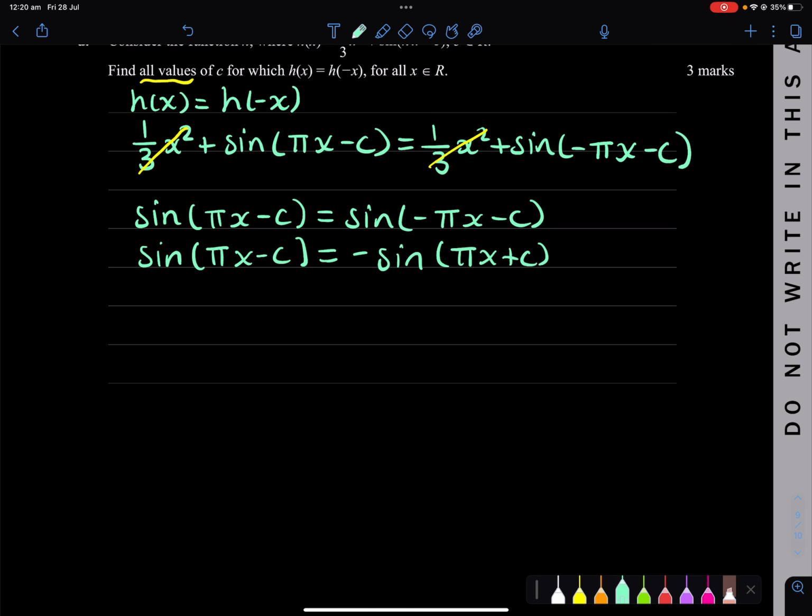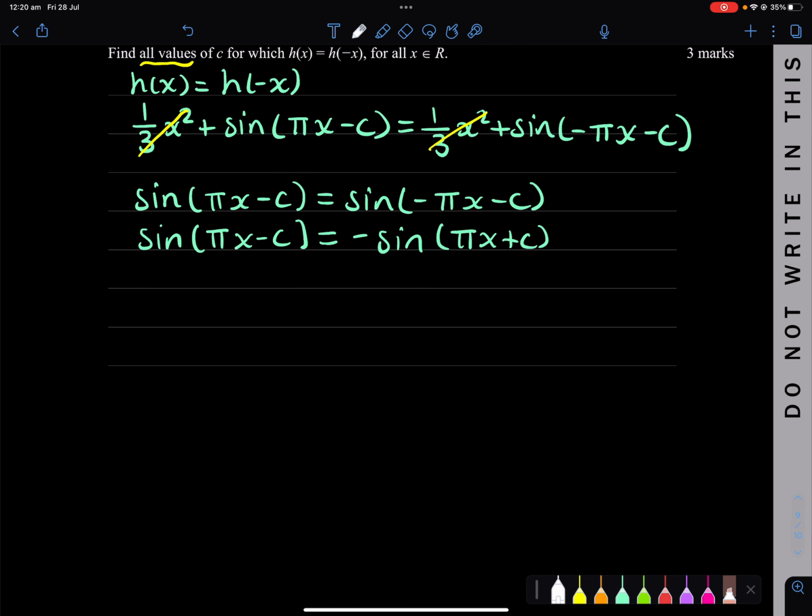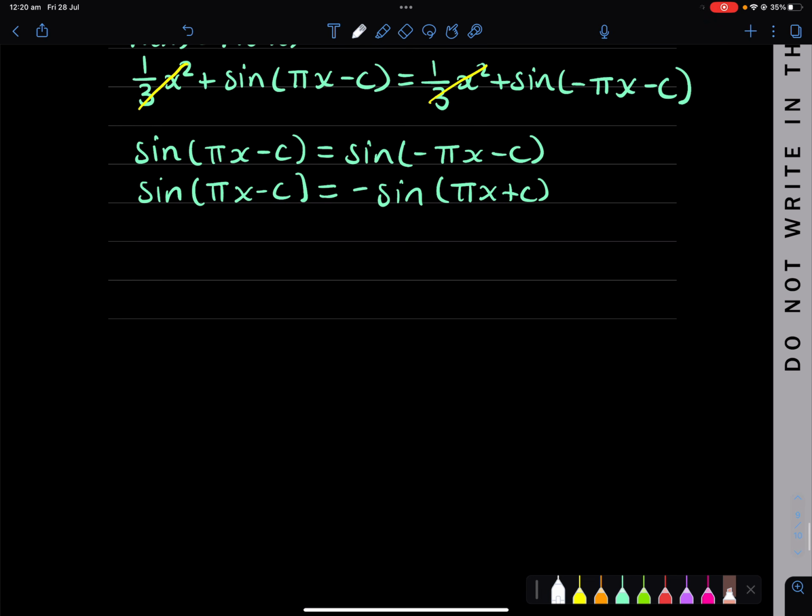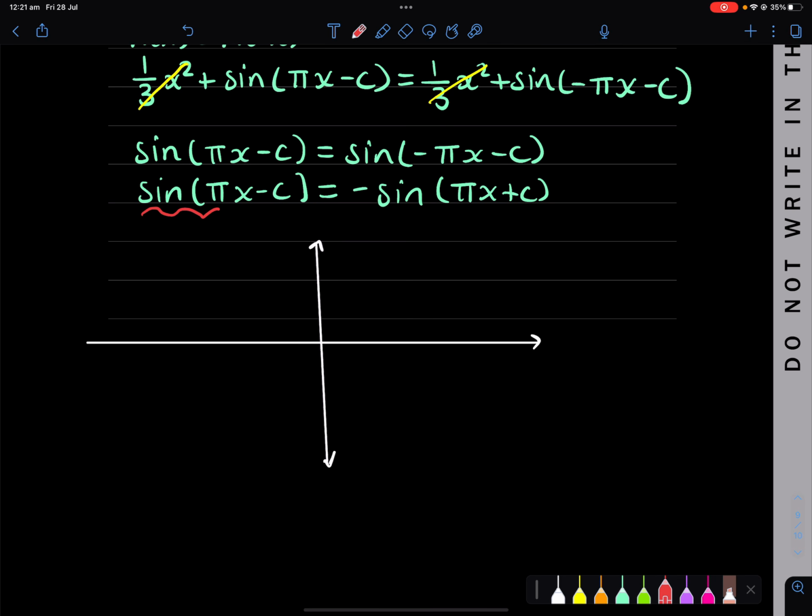To solve for values of c, I think I'm going to sketch a very big graph. Let me just draw a big graph. Let's draw the first one in red, which is this one over here.